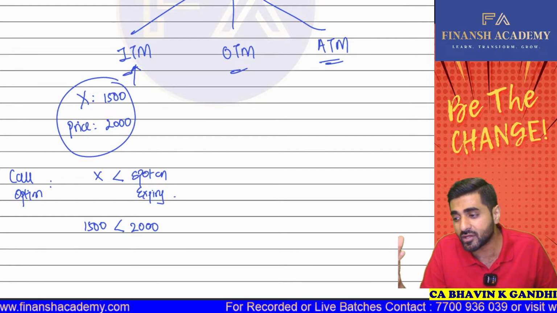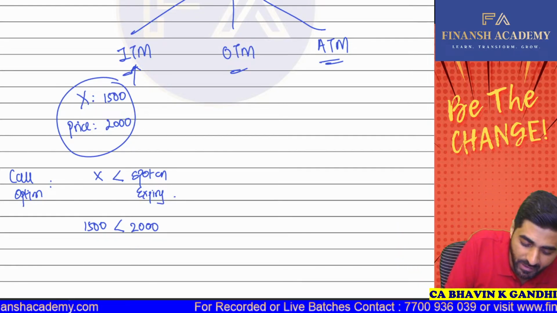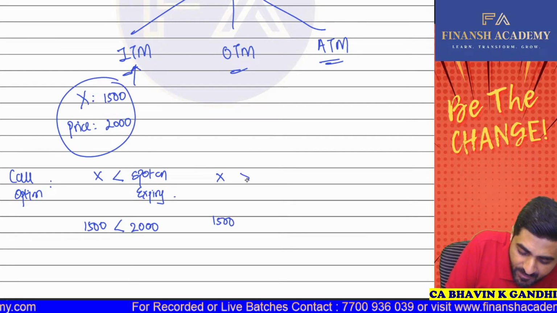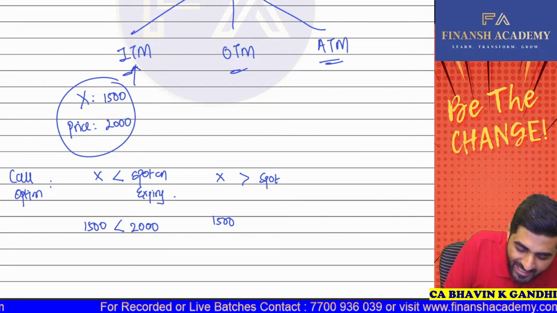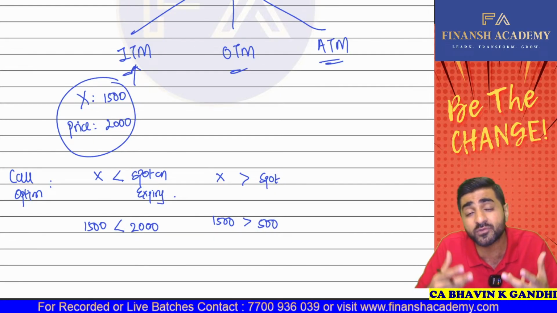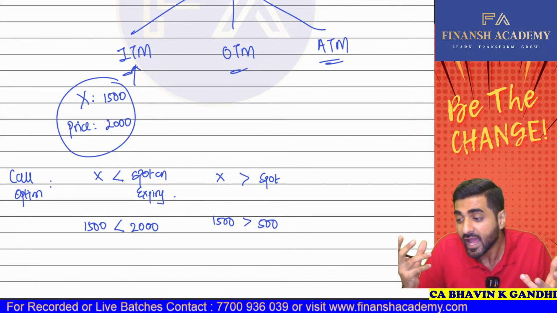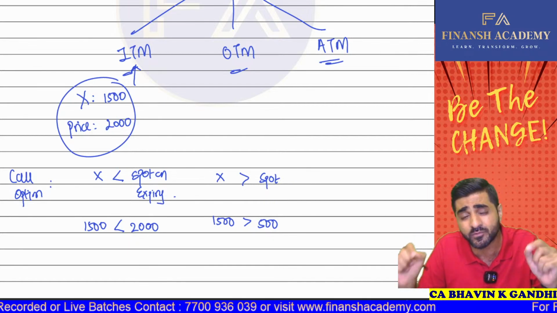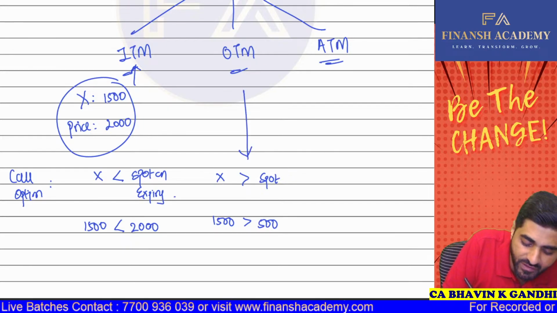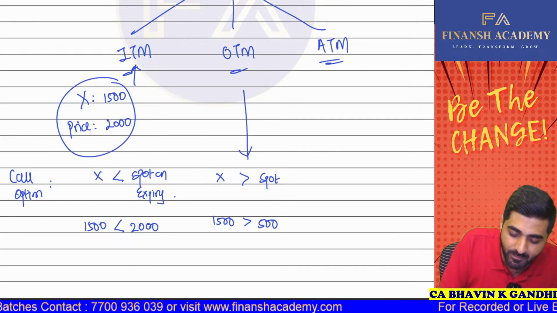What is an out of the money call option? For out of the money, suppose your strike price is 1500 and your spot is, let's say, 500 rupees. Now it is against the option holder to execute the contract. And when something is against the option holder to execute the contract, we say this is out of the money. And what is at the money?